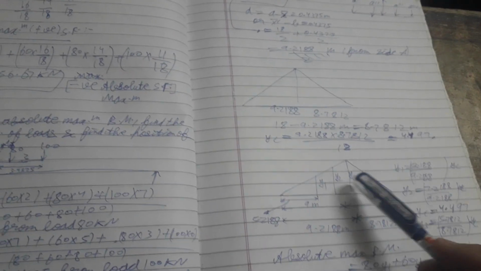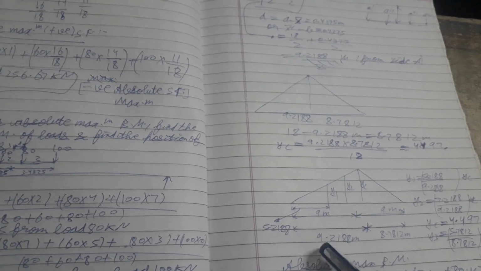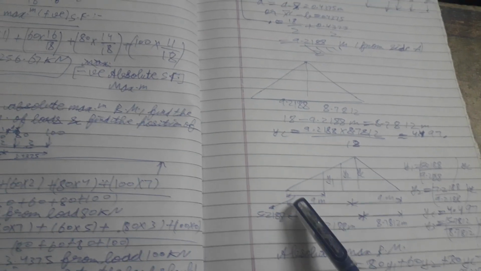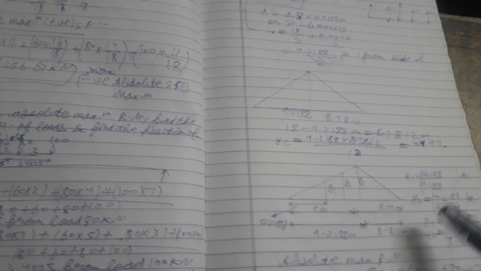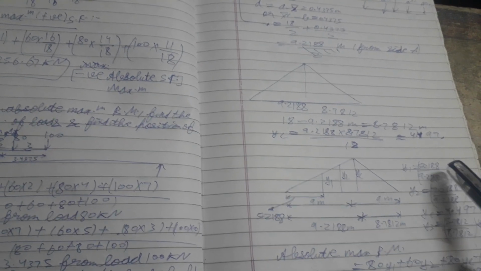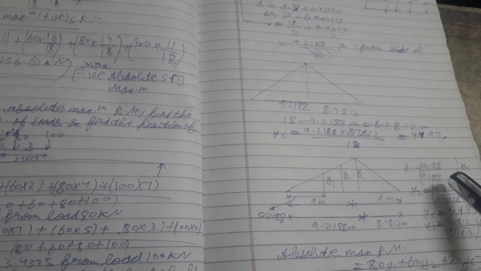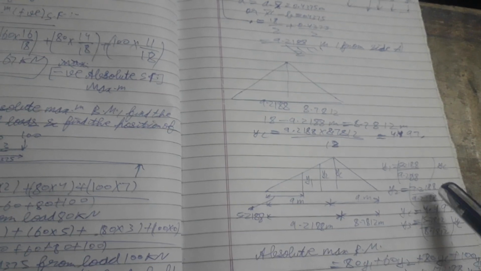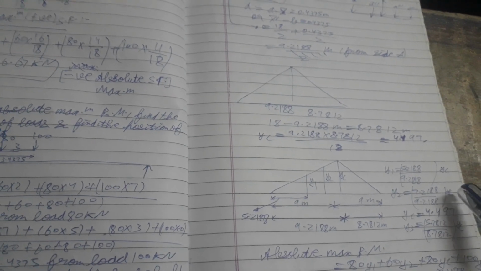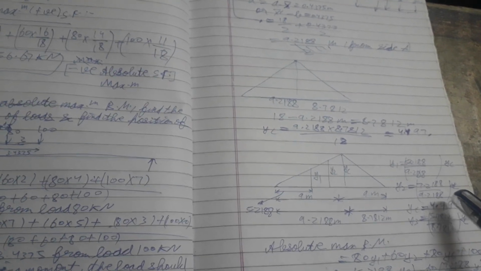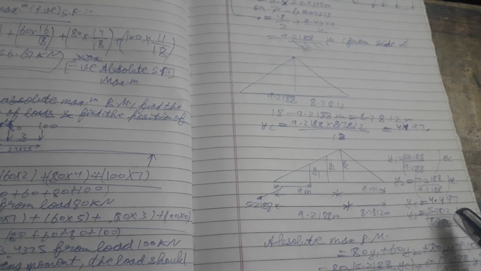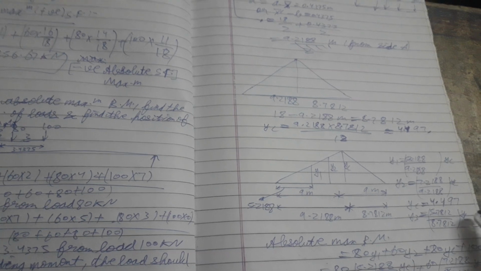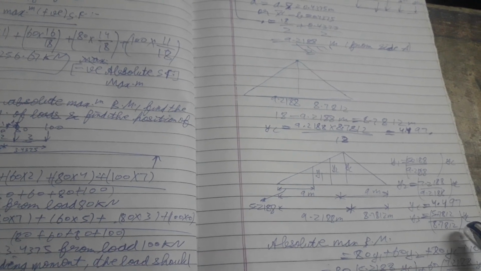Then it is y1, y2, yc. This is 9 meter. This is 9 meter. This is 9.2188 meter. This is 5.2188. This is 9 meter. This is 8.7812. Then y1 is equal to 5.2188 divided by 9.2188 yc. And y2 is equal to 7.2188 yc over 9.2188. yc is equal to 4.497. y3 is equal to 5.7812 yc over 8.7812.